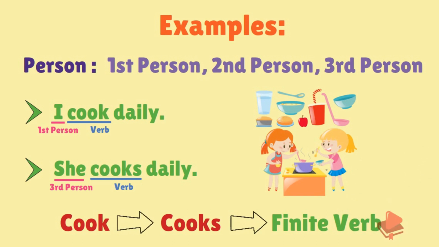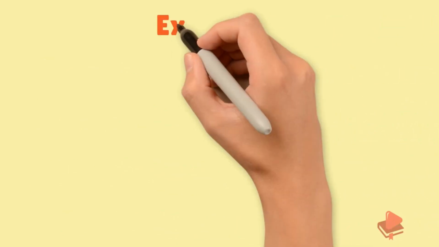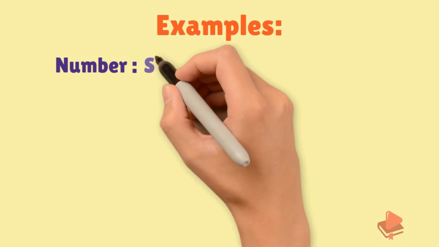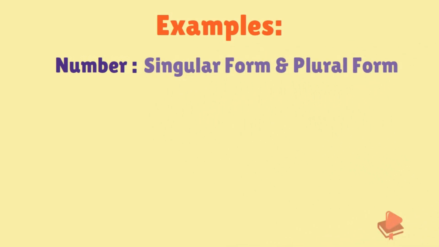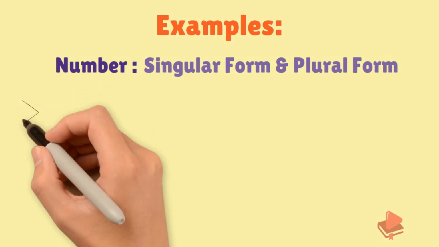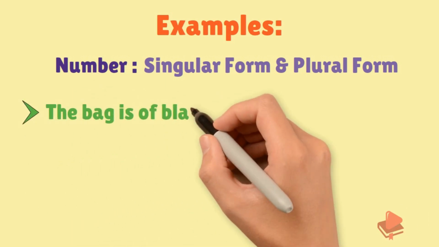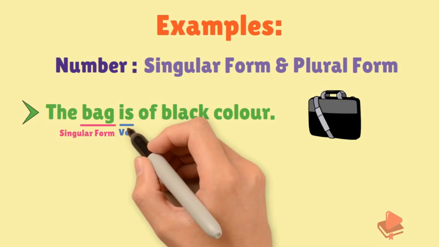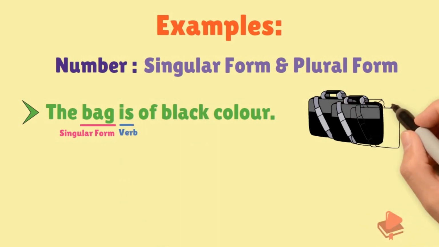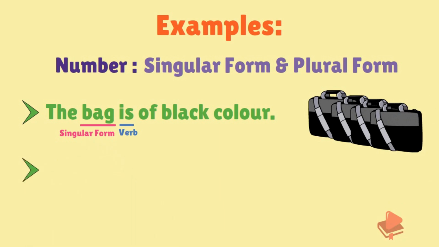Now let's see the finite verb changing as per the number, that is singular form or plural form. For example, the bag is of black color. The subject bag is in a singular form and the verb here is. Let's see one more example.